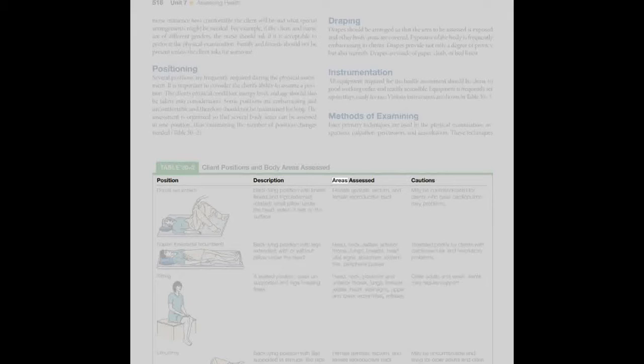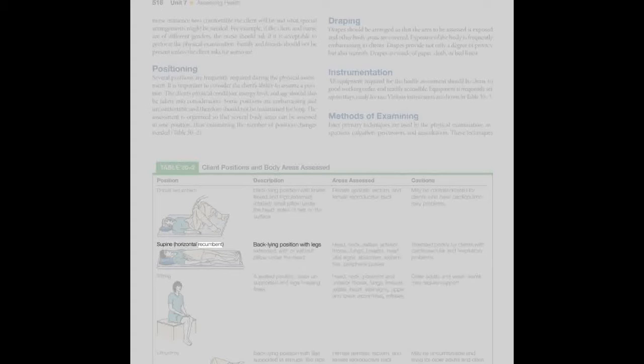Table 30-2. Position, description, areas assessed, cautions. Dorsal recumbent: back lying position with knees flexed and hips externally rotated, small pillow under the head, soles of feet on the surface. Female genitals, rectum, and female reproductive tract. May be contraindicated for clients who have cardiopulmonary problems.